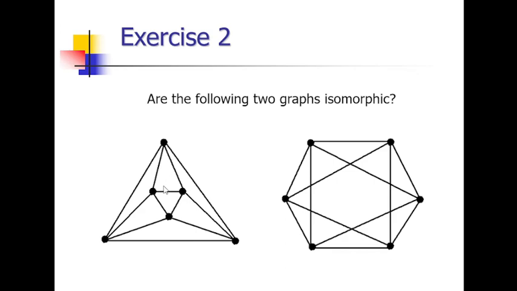Are the two following graphs isomorphic or not? If I want to check isomorphism, how will I check? I need to consider every node, and if I can replicate the left hand side graph as the right hand side graph, then what do I have to do?